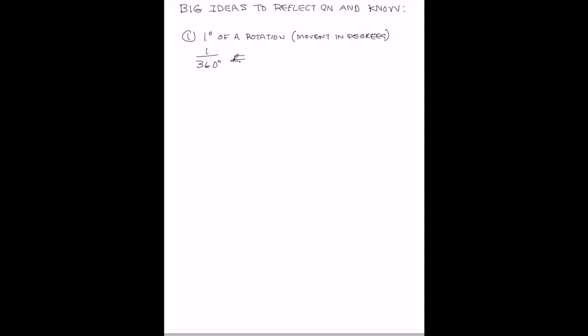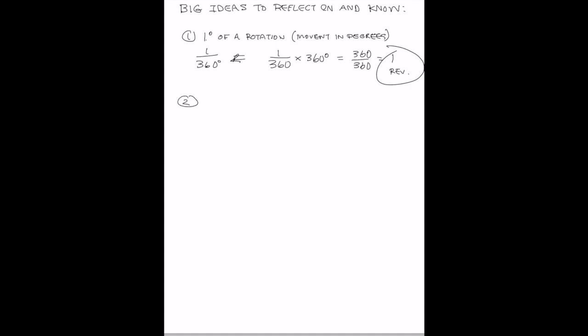Then how many of these degrees would it take to equal 360? Well, we know, therefore, it would be some fractional math, which is 1 over 360 times 360 degrees, which would be 360, and that equals 1 whole revolution. Okay, so that would be our understanding.